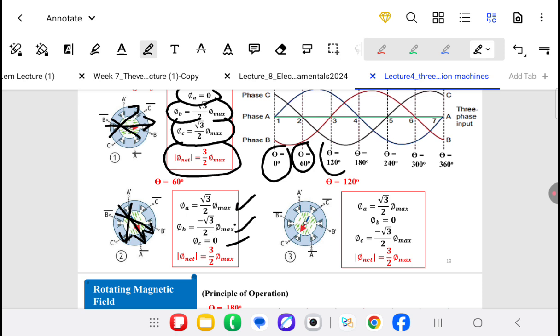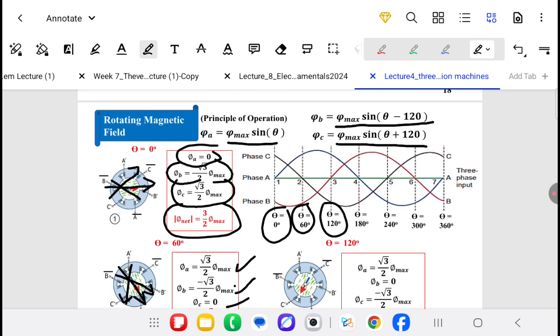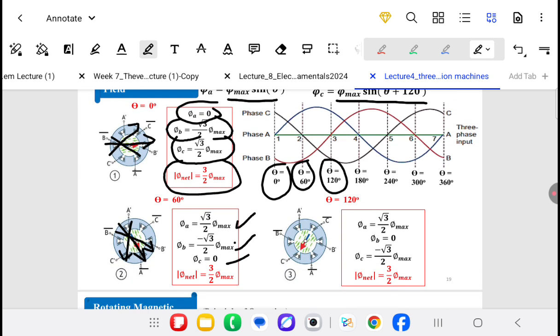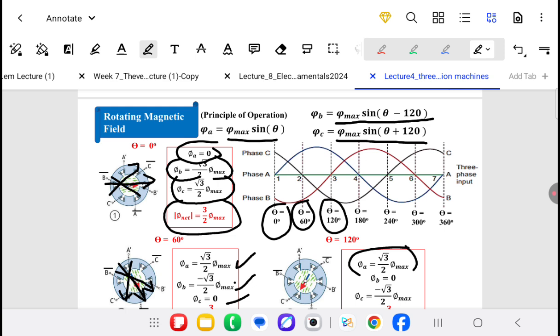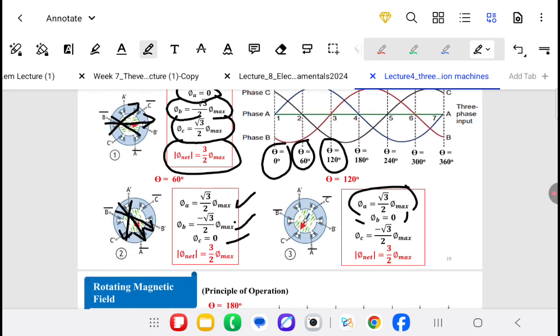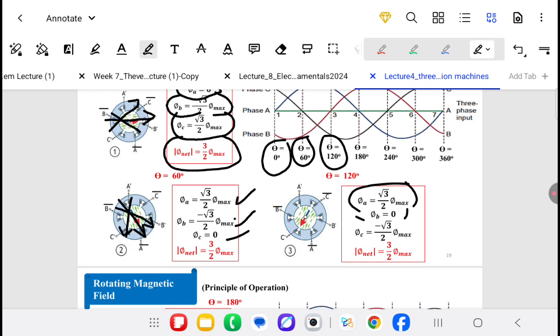If we take theta equals 120, then phi A equals phi maximum sine 120, which is equal to root 3 over 2 phi maximum. For phase B, phi maximum sine (120 minus 120), which is sine 0, equals 0, then phi B equals 0. And for phi C, phi maximum sine (120 plus 120), which is equal to sine 240, which is equal to negative root 3 over 2 phi maximum.